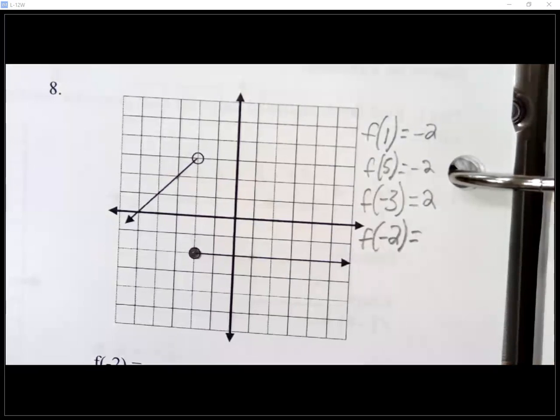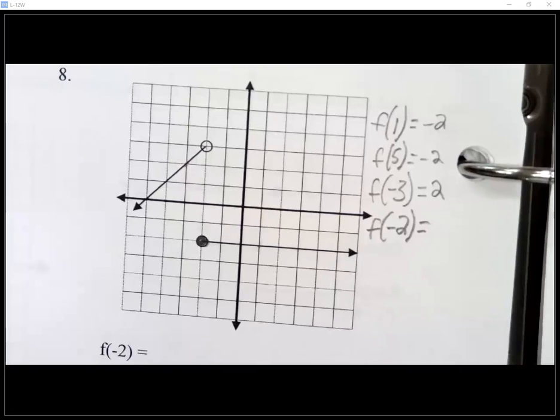You can have multiple open circles on top of each other because there are no values there. The only thing that ruins it is when you have more than one filled in circle on top of each other. That's a big deal. So I can have 15 open circles if I want, as long as I don't have more than one closed circle on the same vertical line. Make sense? You can have pieces where the graph doesn't even exist.